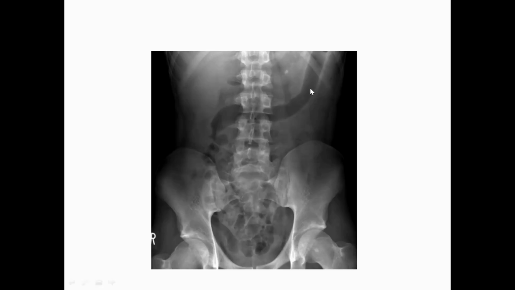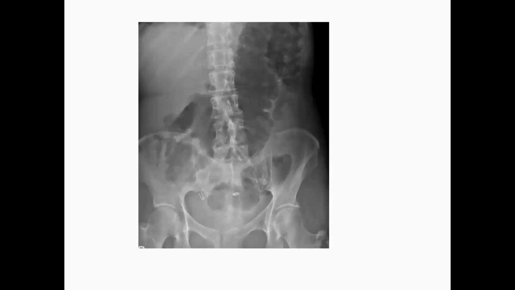It lost its normal shape and became smooth, cylindrical, and featureless, from the transverse colon even down to the descending colon. So this gives the appearance of what we call lead pipe.